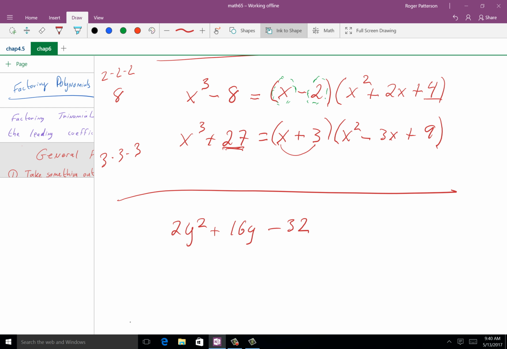Yep. But last time you said because it's only 2y, that I don't need to do the AC method. Yep. So I don't know what needs to go next. So wouldn't it be y's inside in both parentheses? Yep. And then somehow it's going to be 4's. Yeah, because you have factors of 16, right? Yeah.